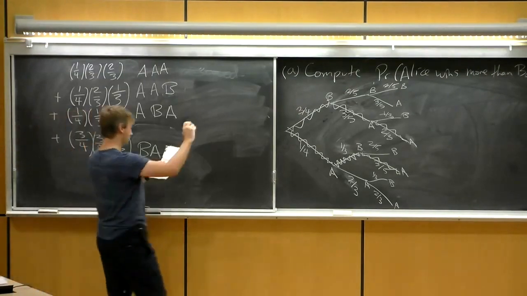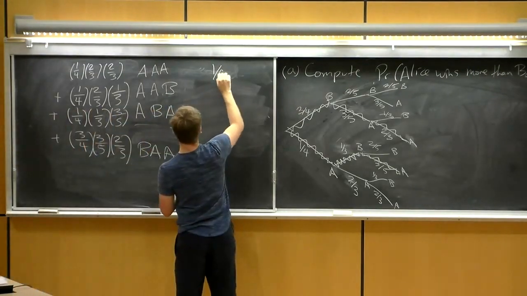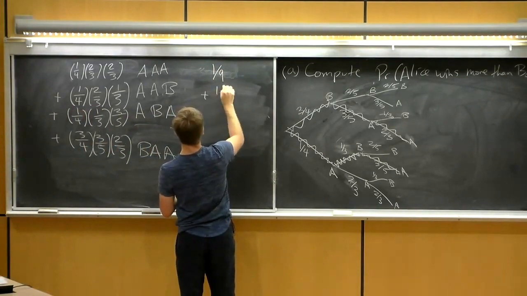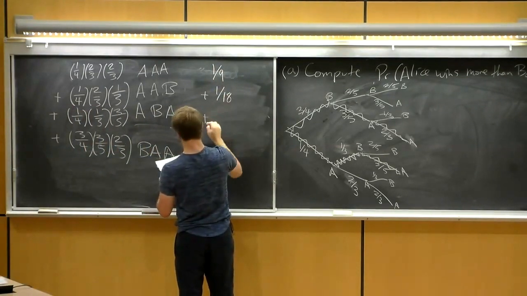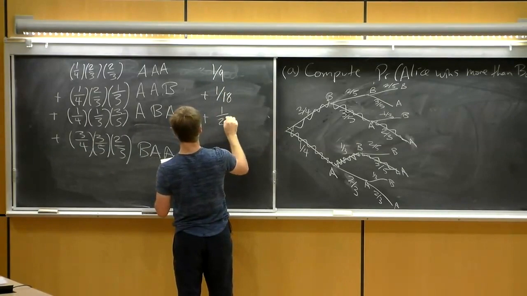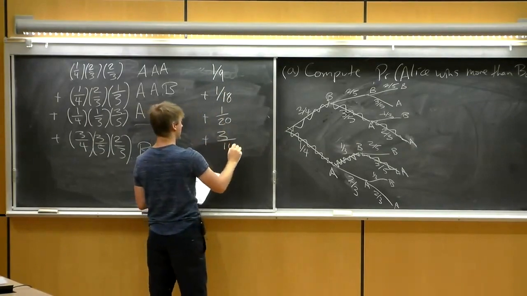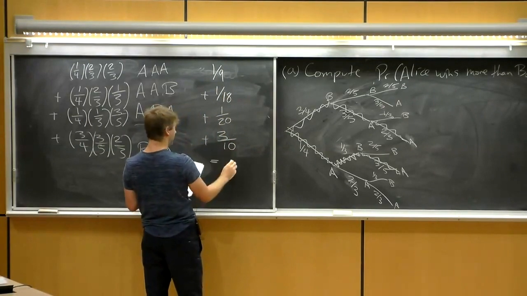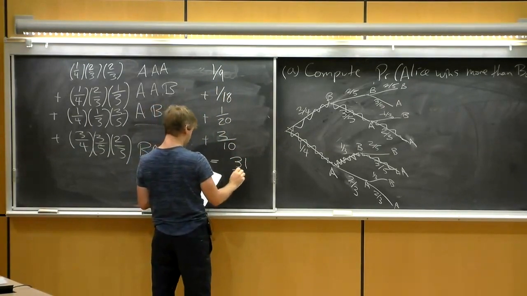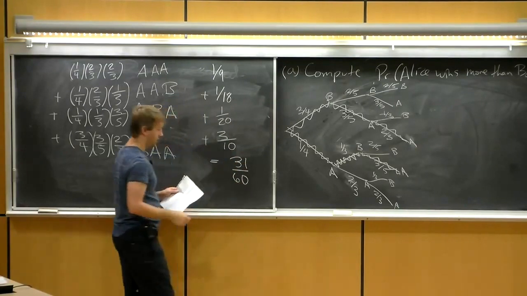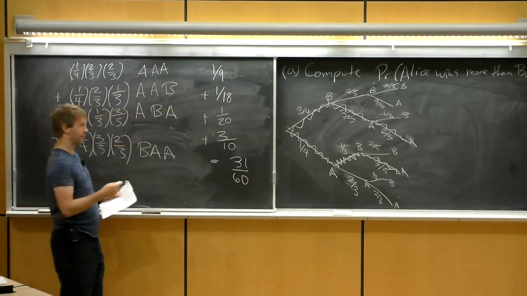So I think if you compute these numbers, you get 1/9 plus 1/18 plus 1/20 plus 3/10, which gives you a grand total of 31/60, which is a little bit more than 50%, right?